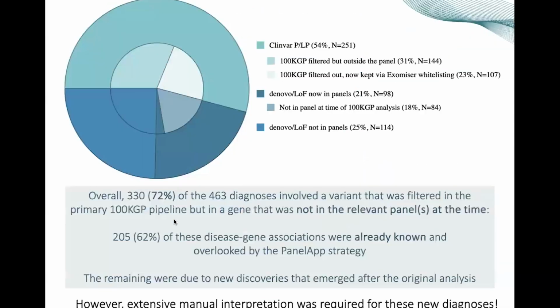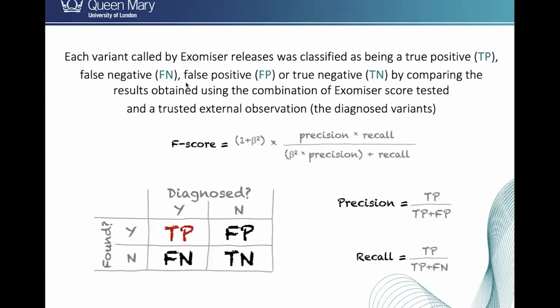And this information about the actual trusted external observation that we use is something that is annotated by genomic signals, or they are the officially diagnosed probands, and they give information about the variant that was diagnosed.